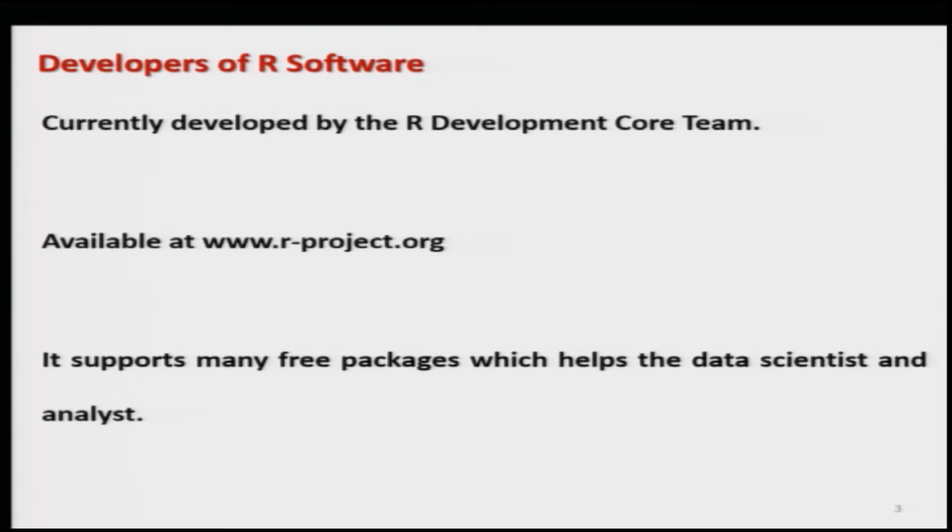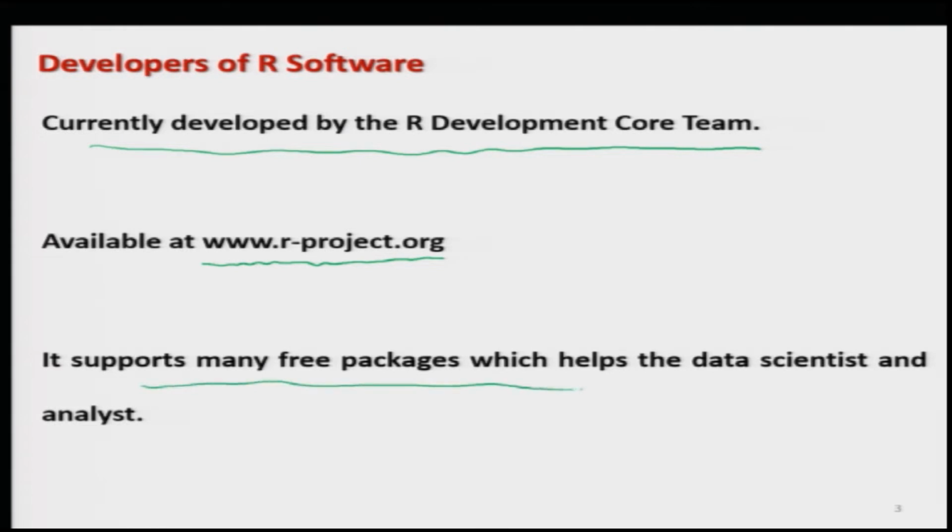This R software is currently developed by a team called the R Development Core Team, and this software is freely available to download at www.r-project.org. This software supports many free packages which help data scientists and analysts in different types of statistical analysis.